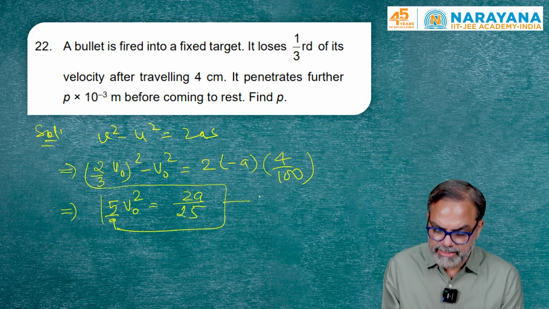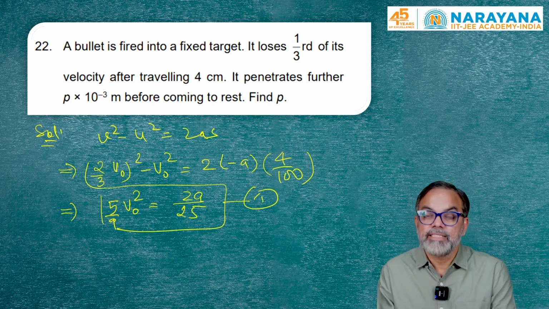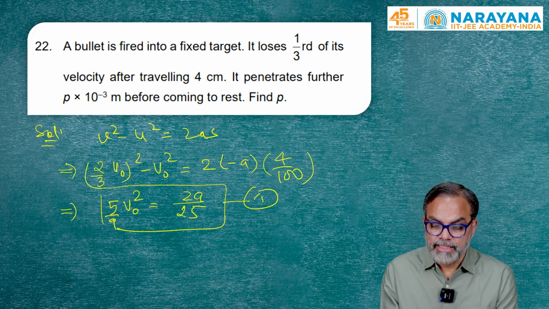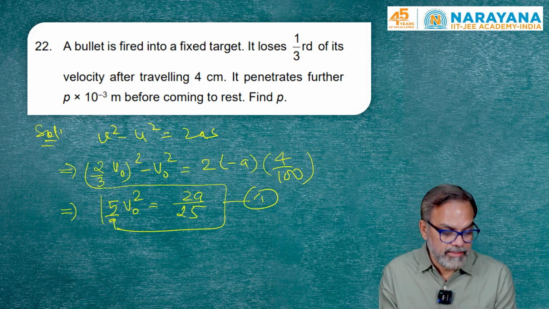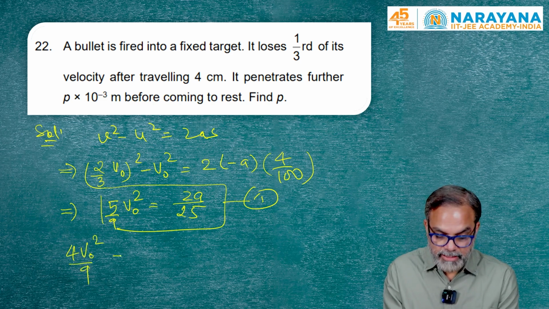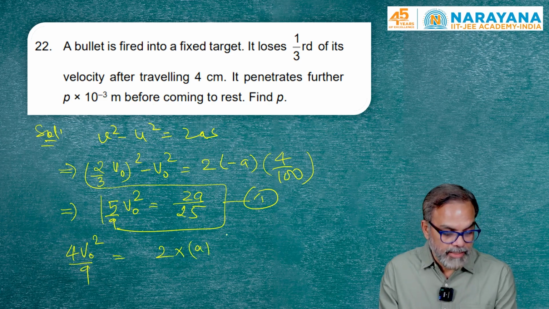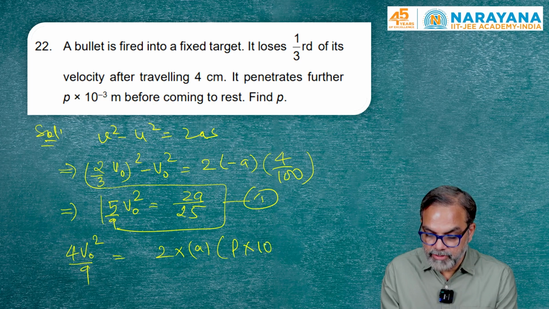So this is, say, just one equation, and again we can apply this equation, that it has already lost 1/3. So again, if we apply, we will have 4 v naught square by 9, and that will be equal to 2 into a, and the distance traveled is p into 10 to the power minus 3.